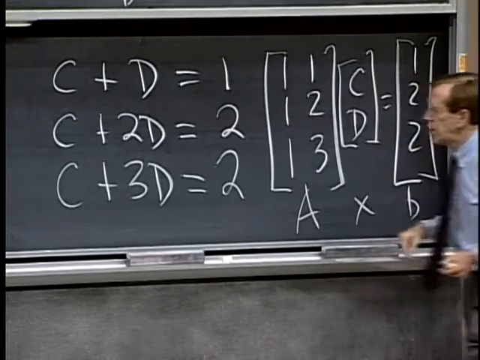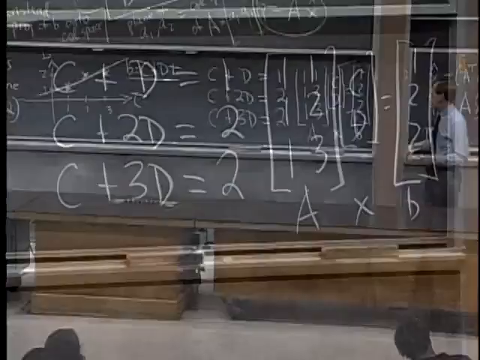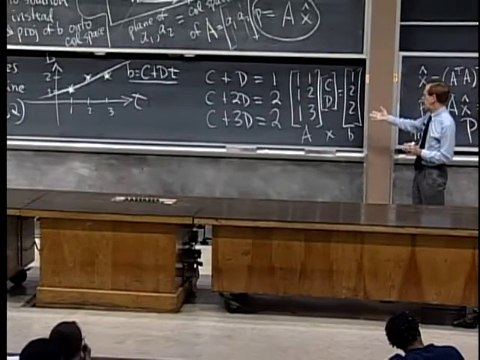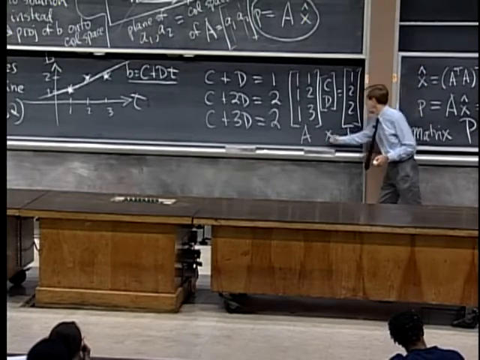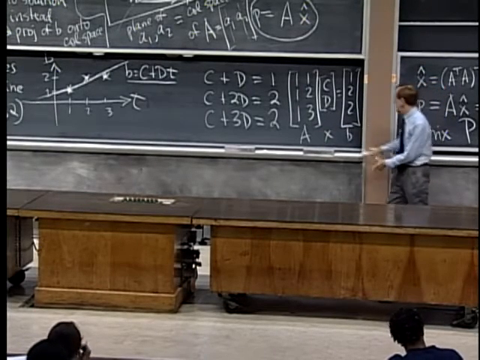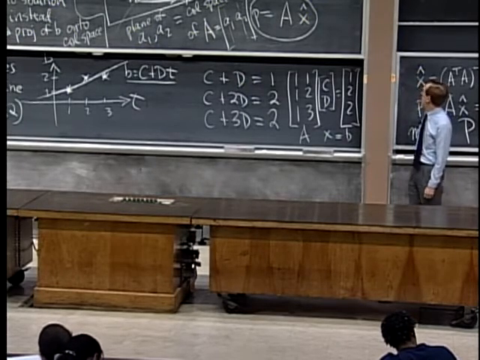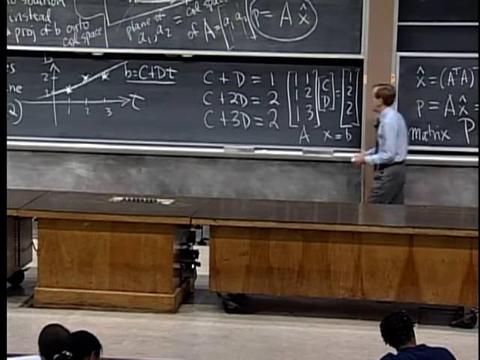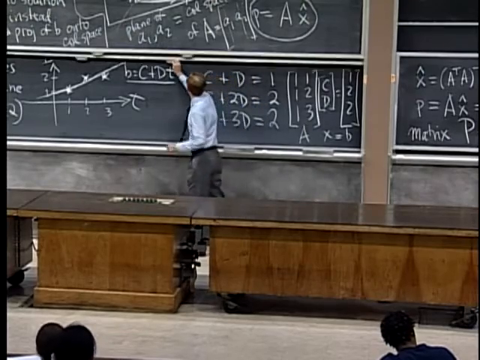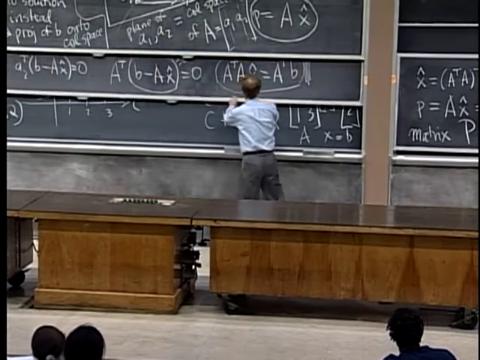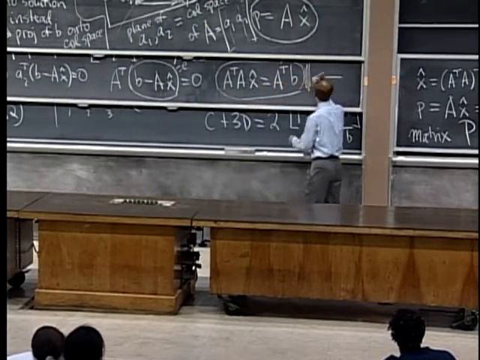And the best solution is to solve not this equation Ax equal b, which has no solution, but the equation that does have a solution, which was this one. So that's the equation to solve.